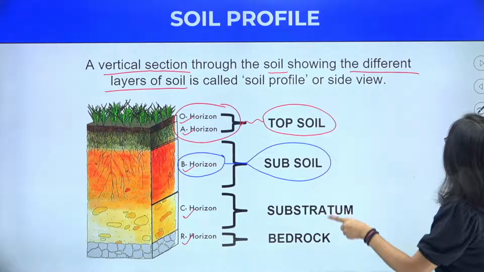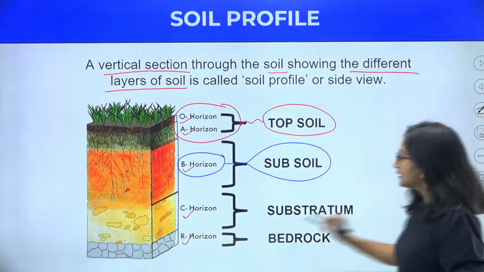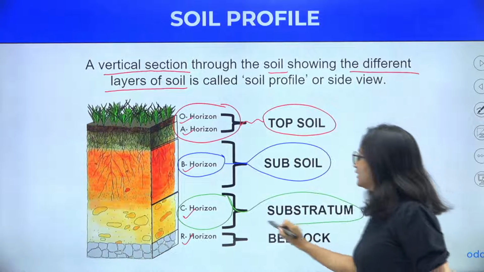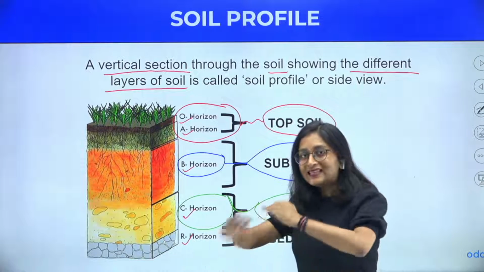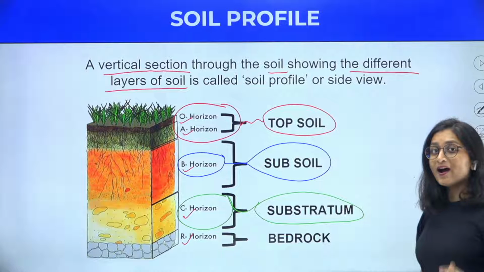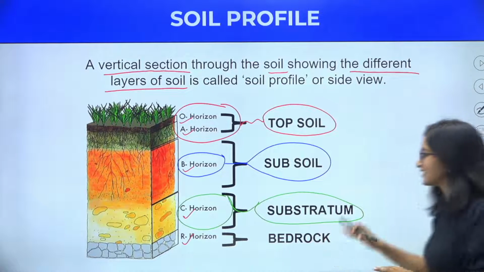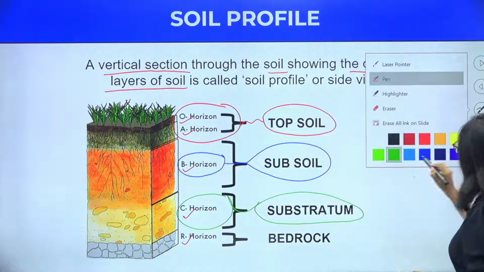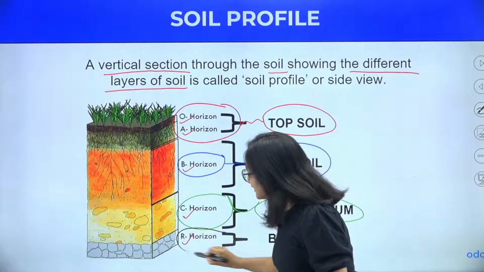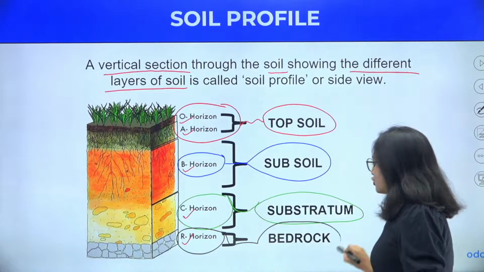Now for the next one, we do have the C horizon. The C horizon is designated for the substratum, the sub-layer, right? Now, for this last one, the backbenchers, they are going to be rock and they are termed as the bedrock.